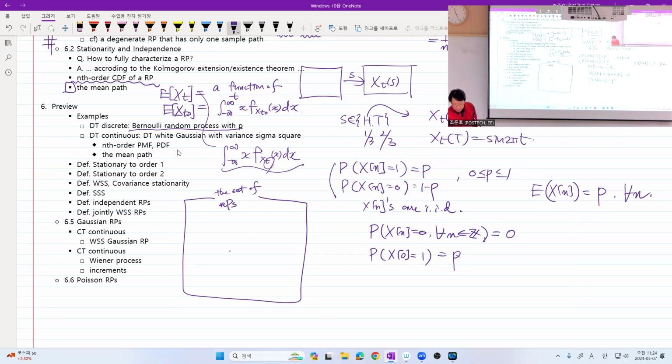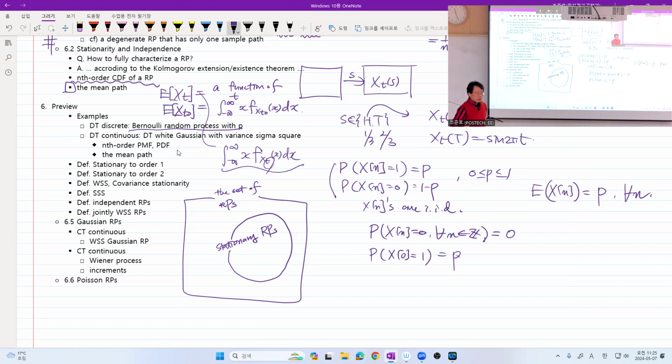However, in this state, we cannot study. So here goes some stationary random processes. There are many different levels of stationarity, as you've seen: wide sense stationarity, covariance stationarity, even cyclostationarity, stationary to order 1, 2, and strict sense stationarity. But anyway, all these subsets are very small compared to the entire universal set of random processes.